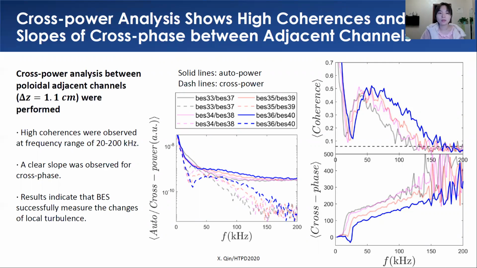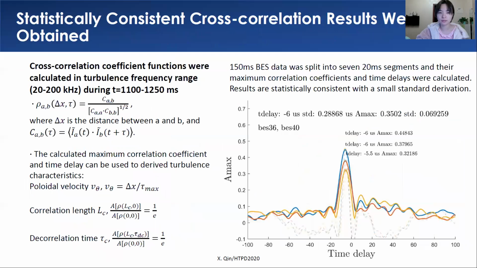Cross-power analysis between poloidal adjacent channels was performed. High coherences were observed at frequency range of 20 to 200 kHz. A clear slope was observed for cross-phase. Those results indicate that BES successfully measured the changes of local turbulence.